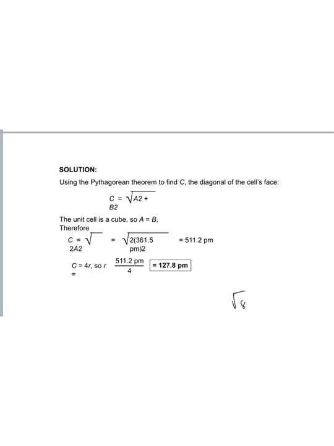That's the one I thought was square root of 8 times R. Basically, you could just plug that in.